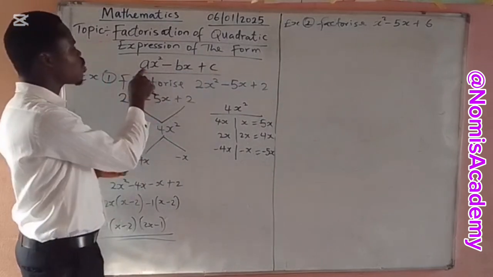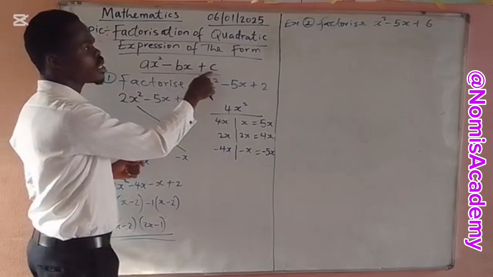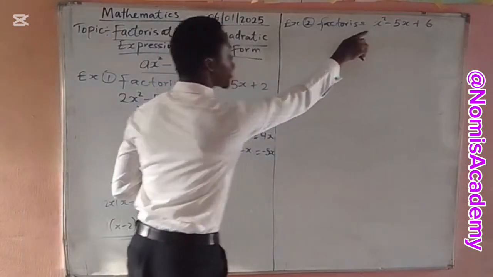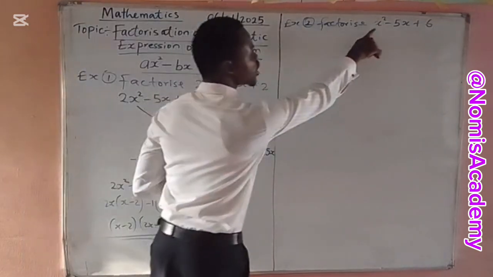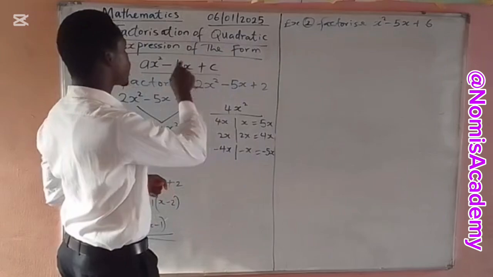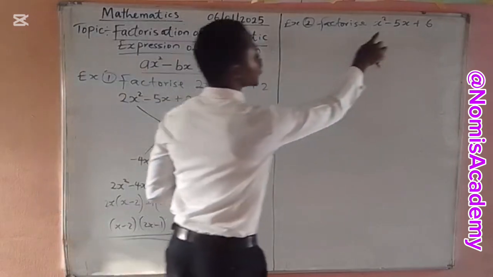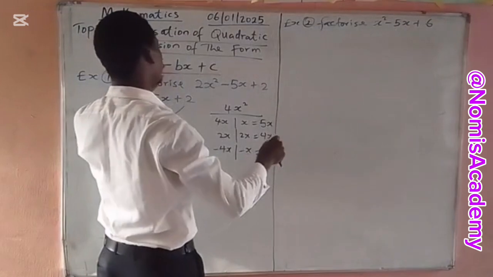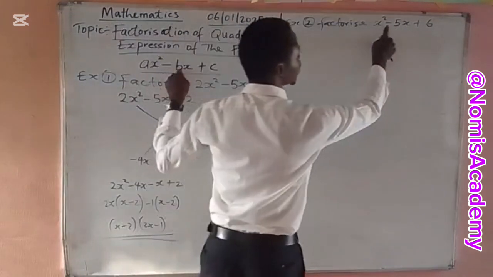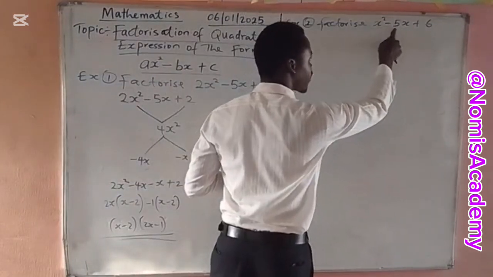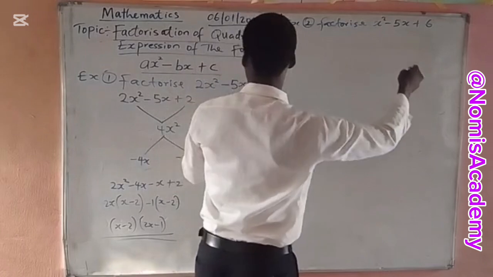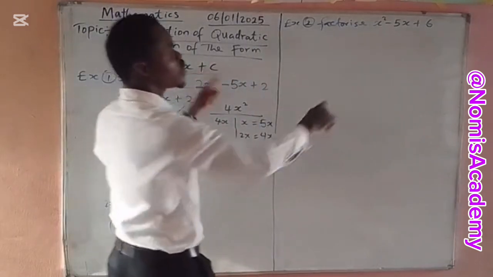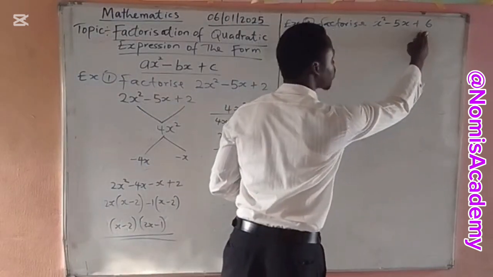Now, you would like to know what is a, b, and c. Here, a stands for the coefficient of x squared, which is 1. b stands for the coefficient of x, which is minus 5. So since we have minus b, the same thing as minus 5. Then c is our 6, plus 6.